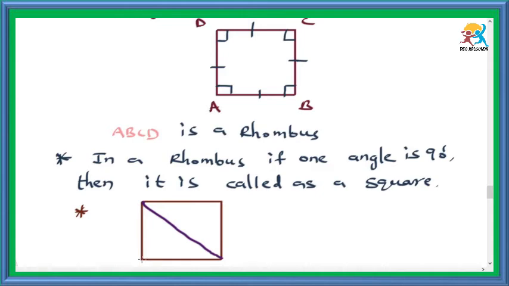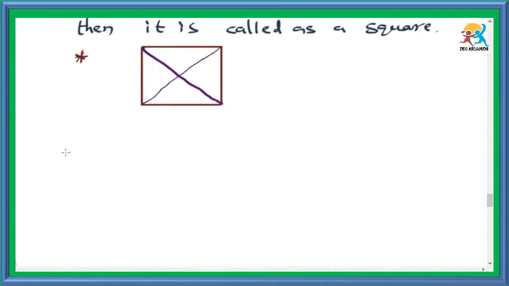This is one diagonal, this is another diagonal. We will name them A, B, C, D. These two are intersecting at O. We have known that diagonals are perpendicularly bisecting and equal. So, I will write AC is equal to BD.